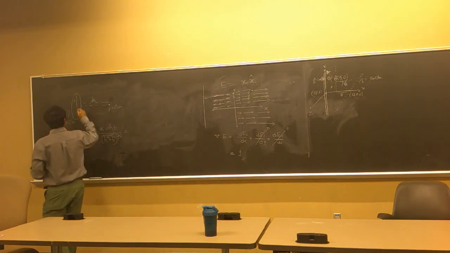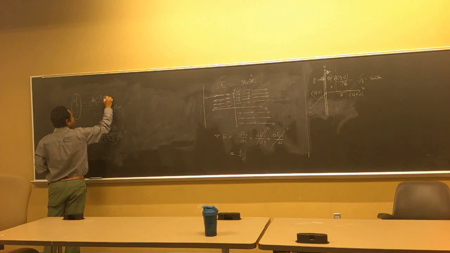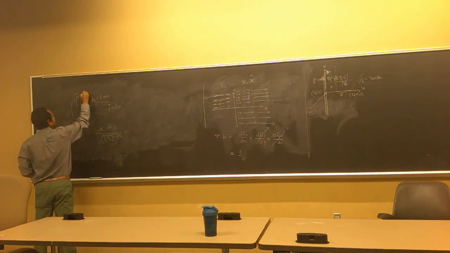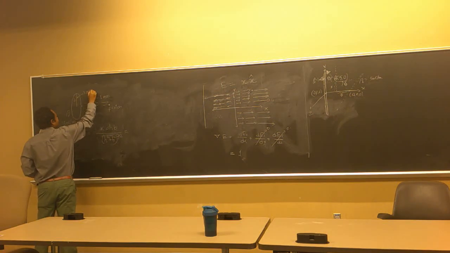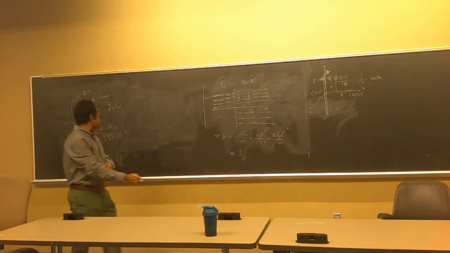So let us say our h is maybe 1 millimeter, and maybe the radius of the ring of charge is 2 millimeters.